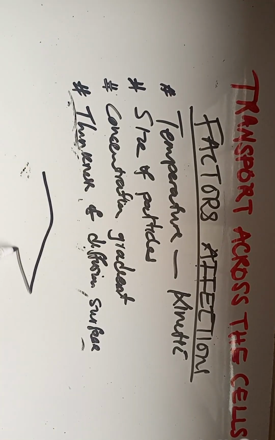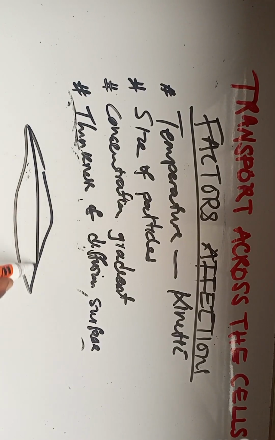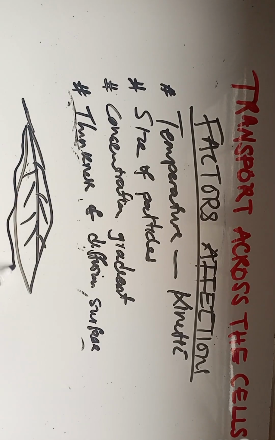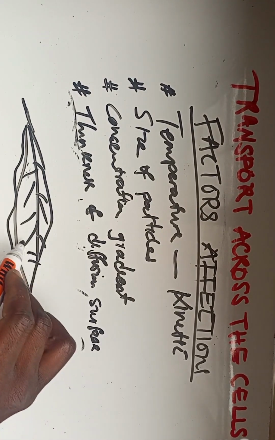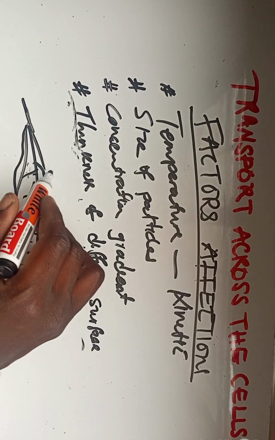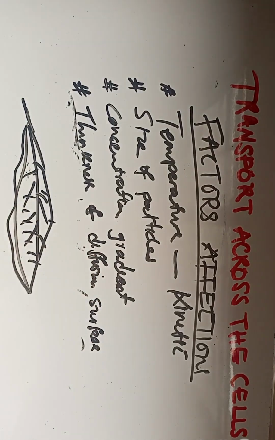If we have this one here, because this one is small in size and small in surface area, you find that only a few particles will move out of this leaf.